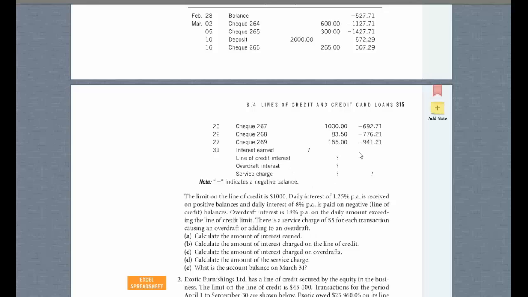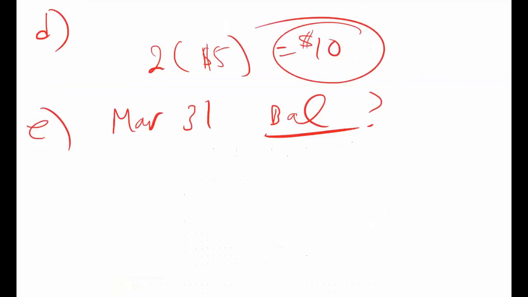You'll see that you have minus 941.21 on the 27th. You need to add and subtract all of the charges, which we've already calculated.